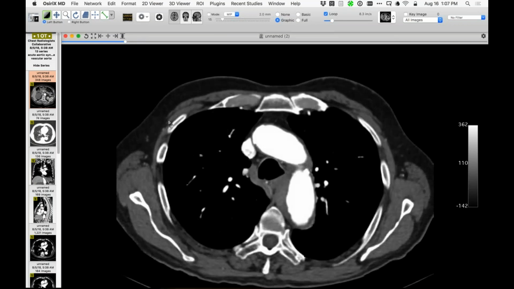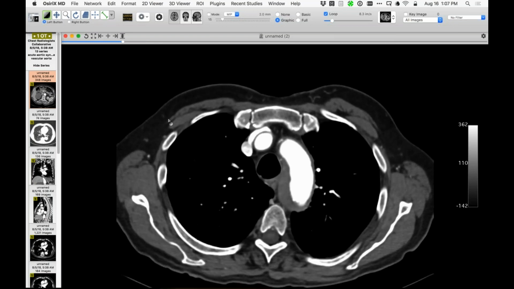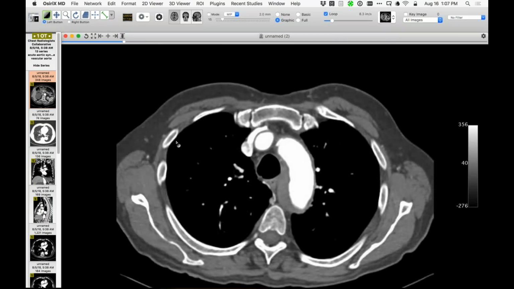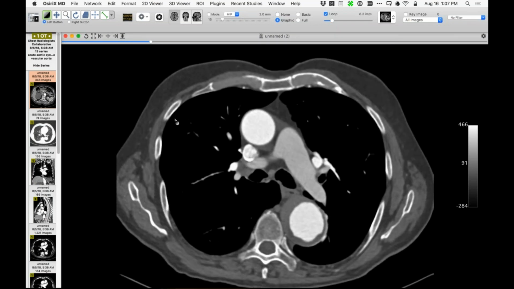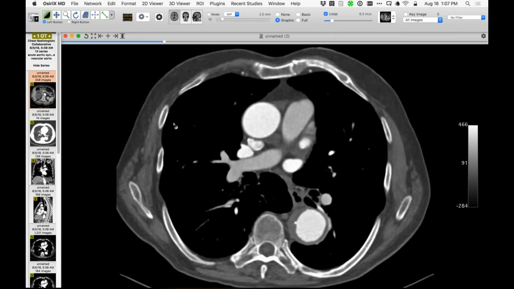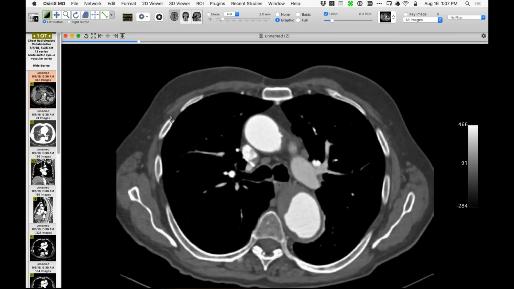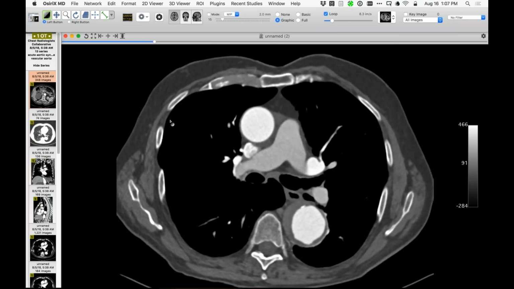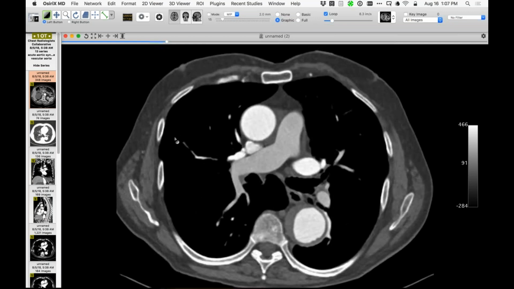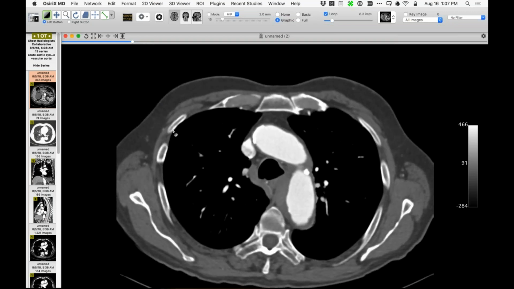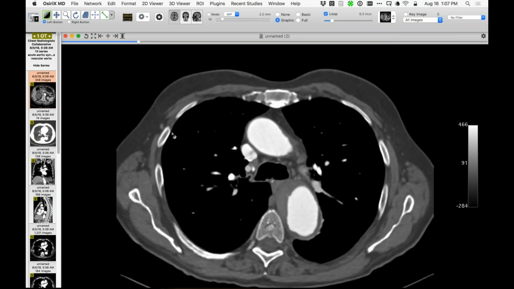So let's scroll through the type B acute aortic syndrome and appreciate how much abnormality is located in the wall of the aorta, particularly in its medial aspect, certainly consistent with an area of blood.